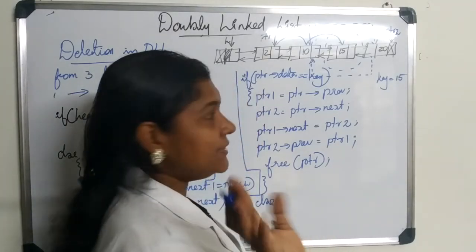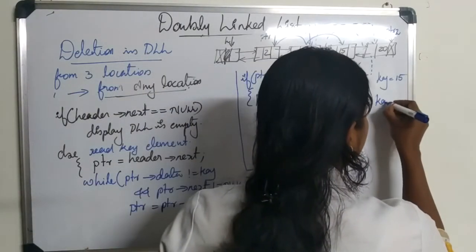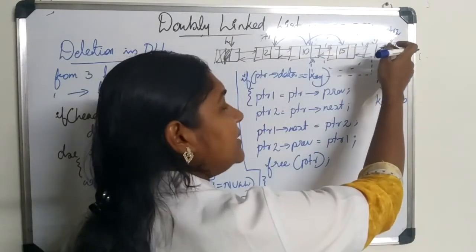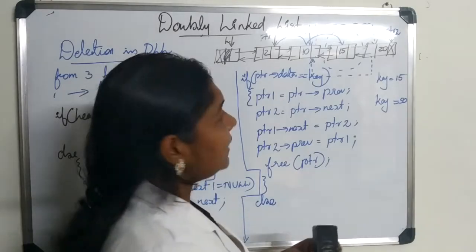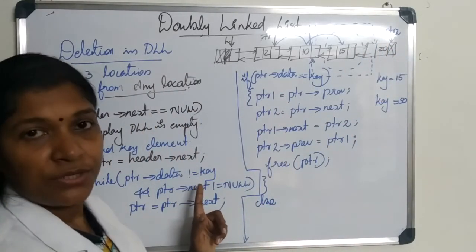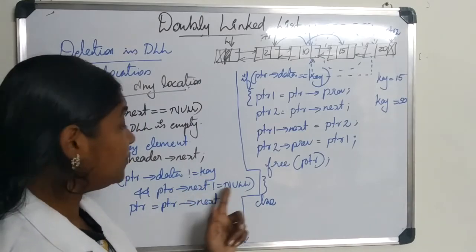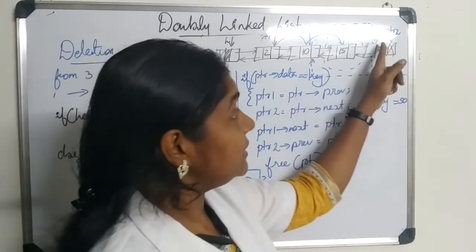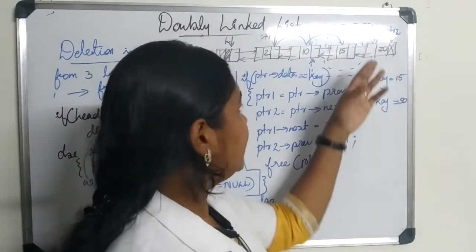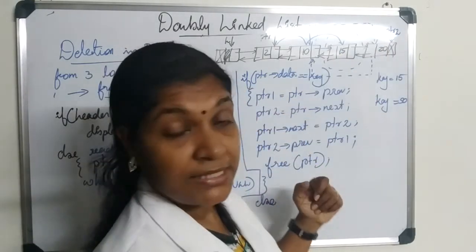Else means the element is not present, say for example the key element is 50. On reaching till the last element, we will move on. There also, PTR dot data is not equal to key, but PTR dot next is equal to null. We have reached the end of the linked list, so we come out of the loop. Then we check whether PTR dot data is equal to key.